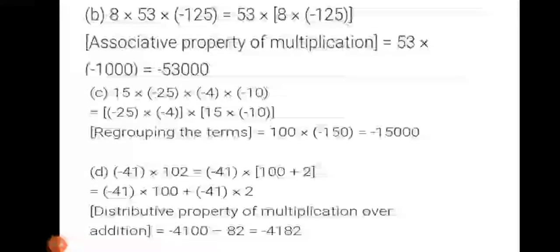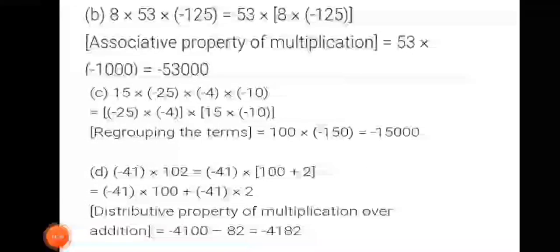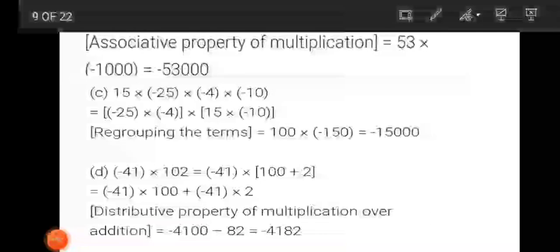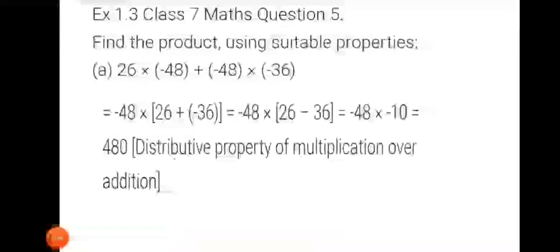We have properties. The second is properties. B part is, sorry, here is a question, it's my mistake. Okay, let's start. Find the product using suitable properties. I explained all the properties in the previous class in my video, so first watch that video and then do this question.